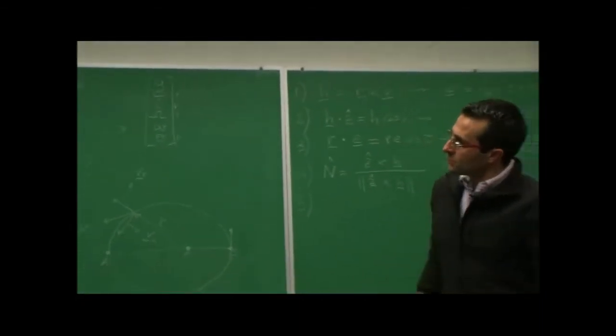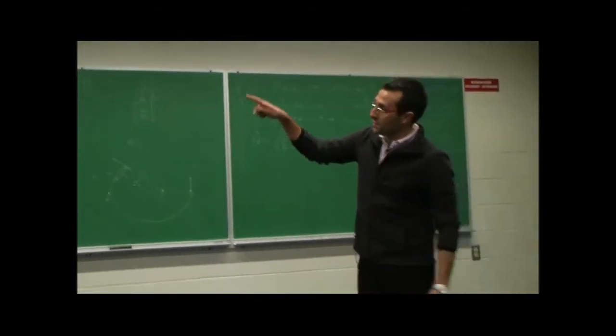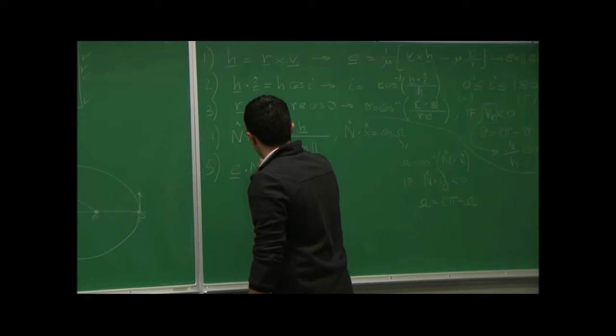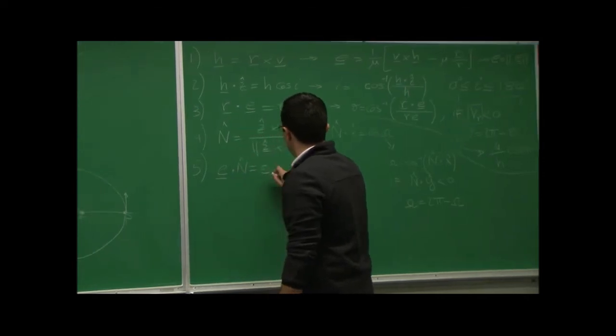Okay, number 5 is little omega. I have n now. I'm going to use eccentricity, and e dotted with n is e.